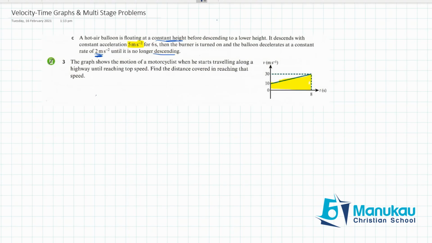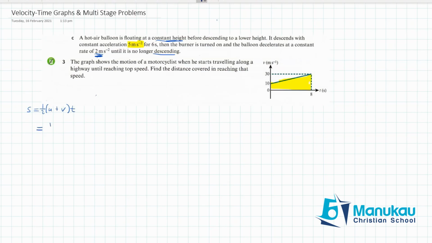we're going to go S equals, now this is a trapezium, and it's going to be half U, which is 10, plus V, which is our speed at the end of it, multiplied by the time, which you know this formula because we learnt it last week as one of our SUVAT equations.